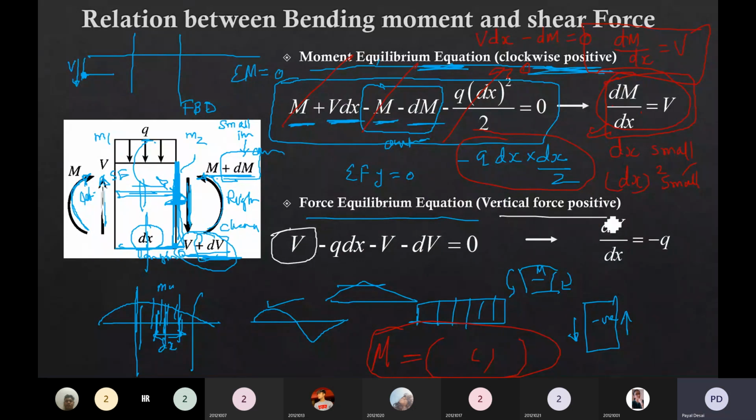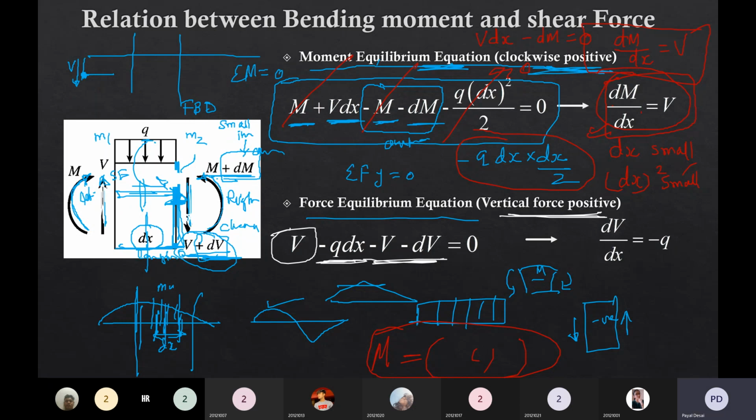Let us take vertical force positive, V. This looks downward, so q into dx. Then this is downward again, so minus V minus dV. A very simple equilibrium equation I have written.